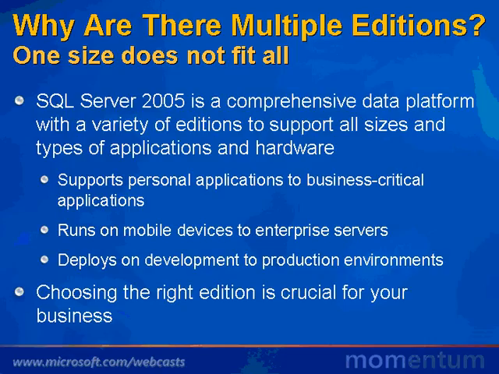So the first question that comes to mind is, why does SQL Server come in a variety of editions? What's the purpose of that? Well, SQL Server 2005 is a comprehensive data platform that comes in different sizes for all kinds of applications and hardware platforms. If you really think about it, it goes all the way from running SQL Server on a mobile device up to enterprise-class servers with 64 processors, quad-core or multi-core.